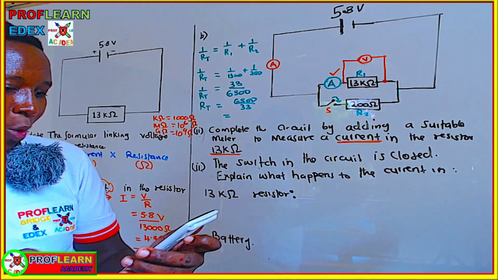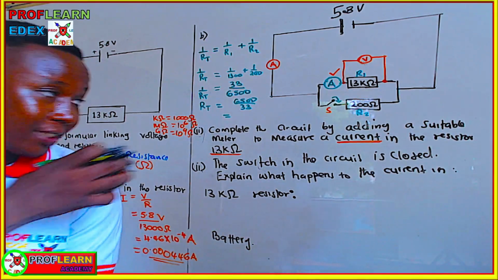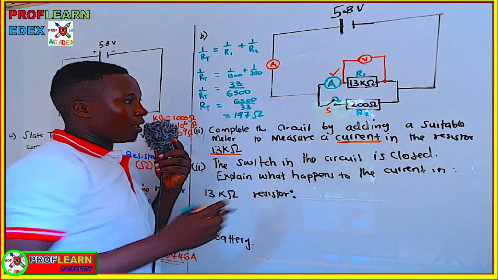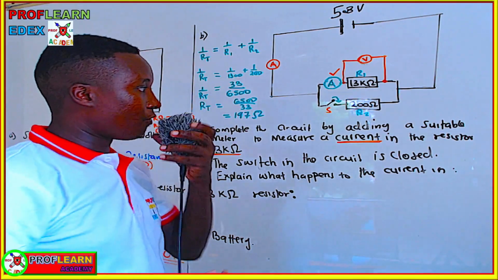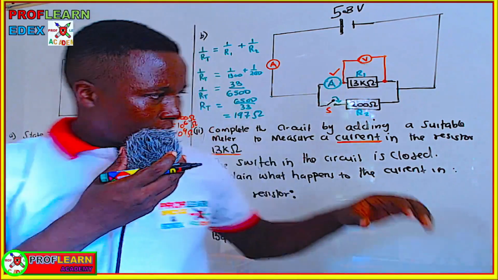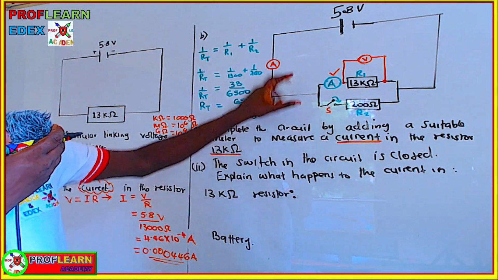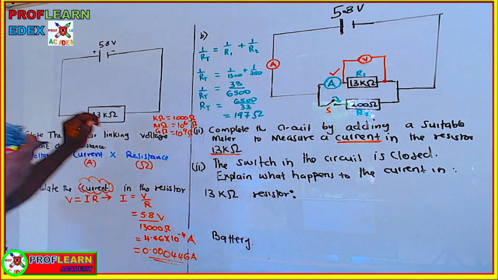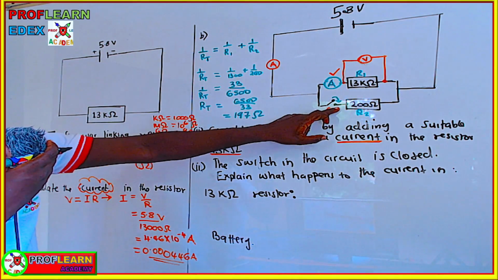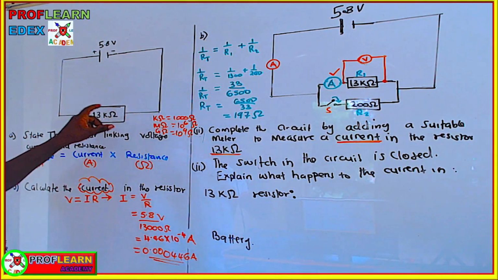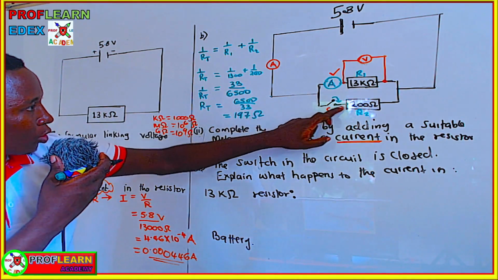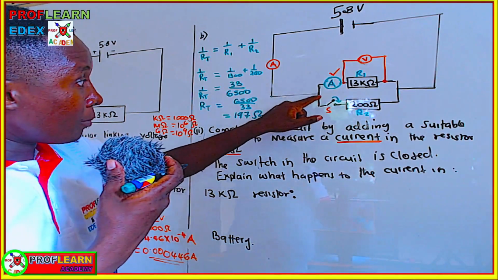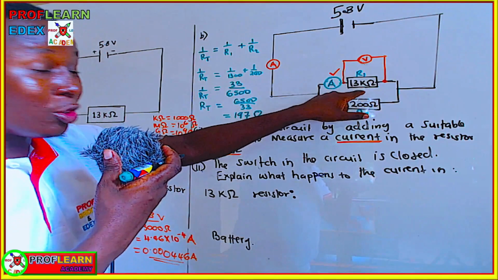In decimal, that is 197 ohms. So something you need to realize at this point is that when this switch is closed, the total resistance in the system is 197 ohms. But if the switch is open, this branch will not be connected, so the total resistance will be 13,000 ohms.